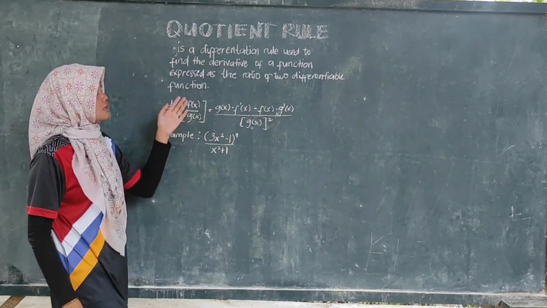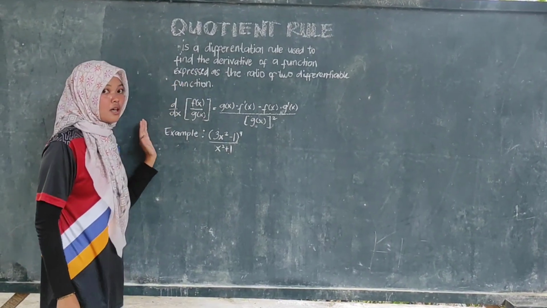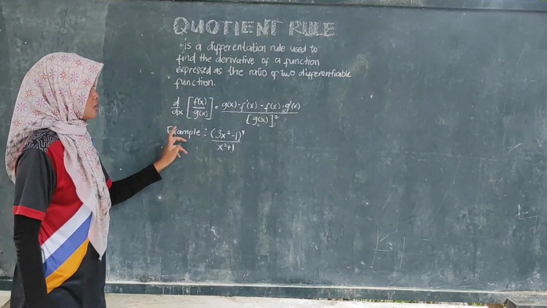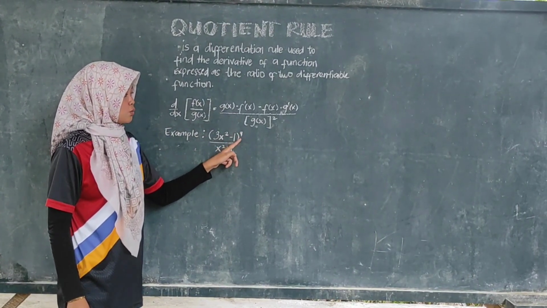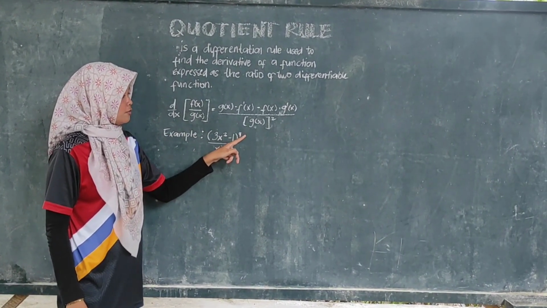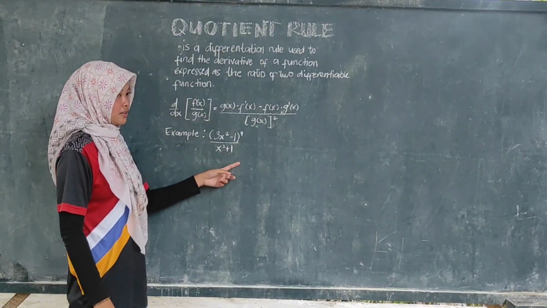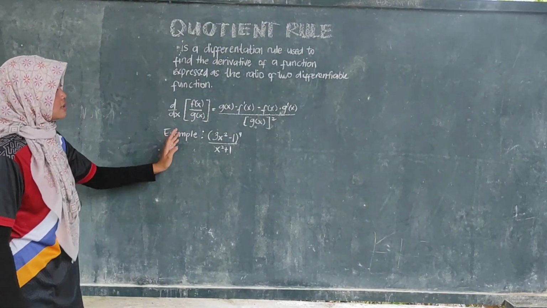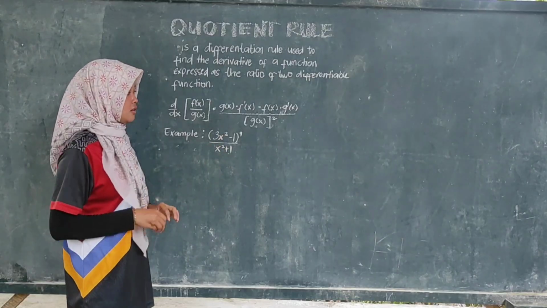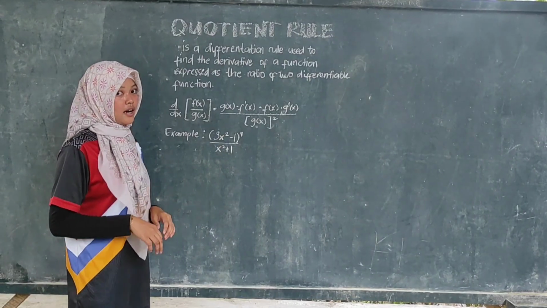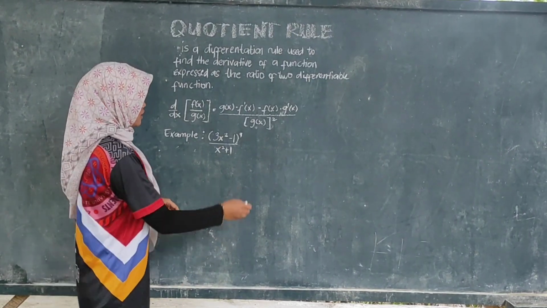So to understand the quotient rule, I have here an example. (3x squared minus 1) to the power of 4 all over x squared plus 1. So in getting this, first let's identify the f of x and g of x.